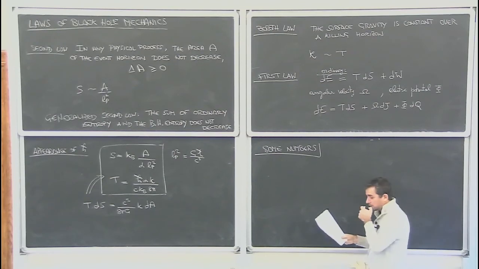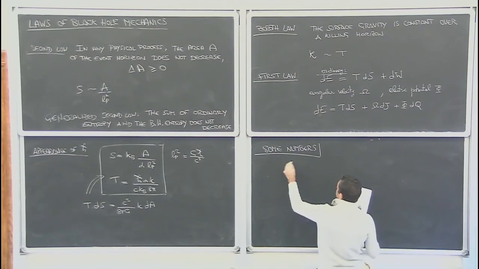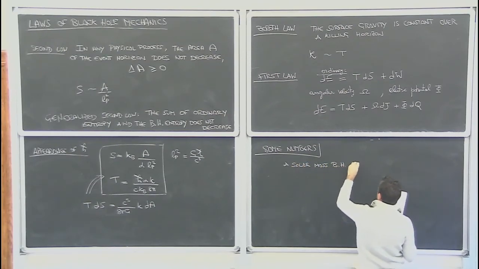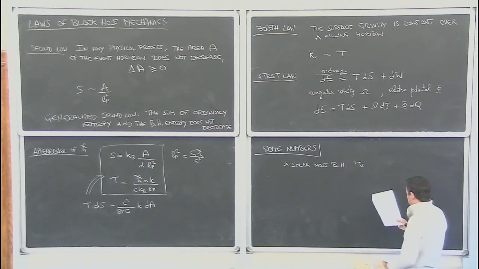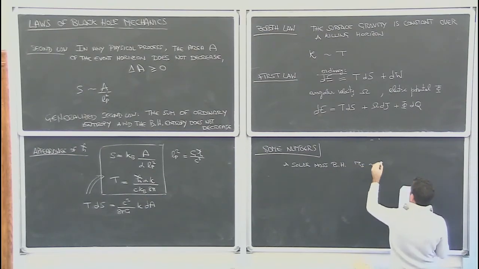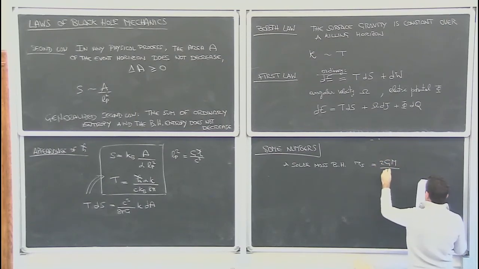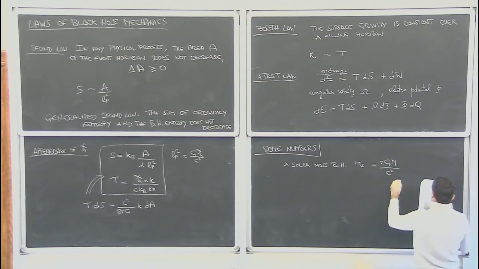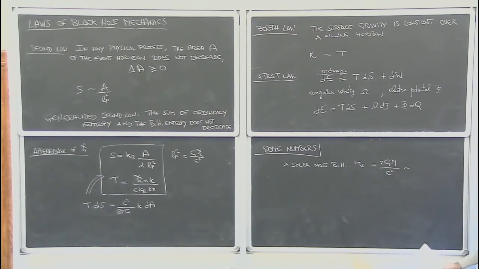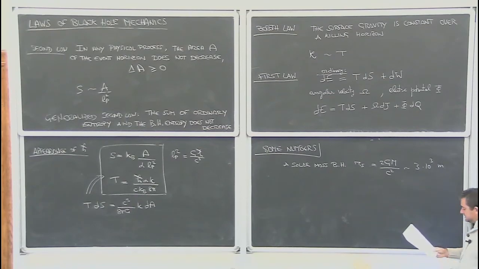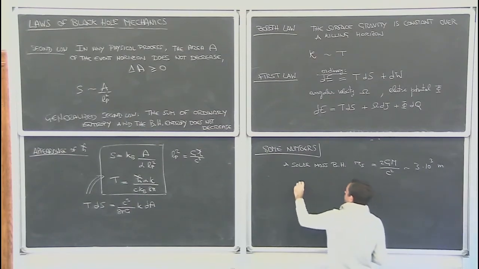If I take a solar mass black hole, it has a Schwarzschild radius that is, do you know roughly how big it can be? You can do the computation, but someone said something like 3 kilometers, right? It is correct. The Planck length is 1.6 times 10 to the minus 35.